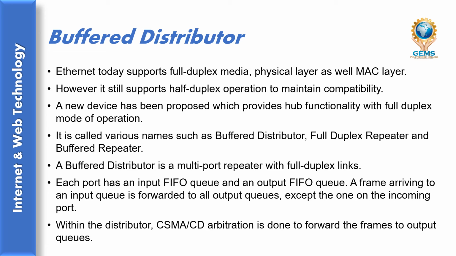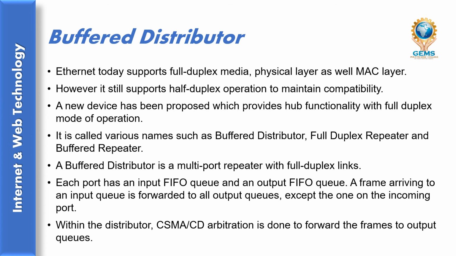Buffered distributor. Ethernet today supports full duplex media, at the physical layer as well as the MAC layer. However, it still supports half duplex operation to maintain compatibility. A new device has been proposed which provides hub functionality with full duplex mode of operation.